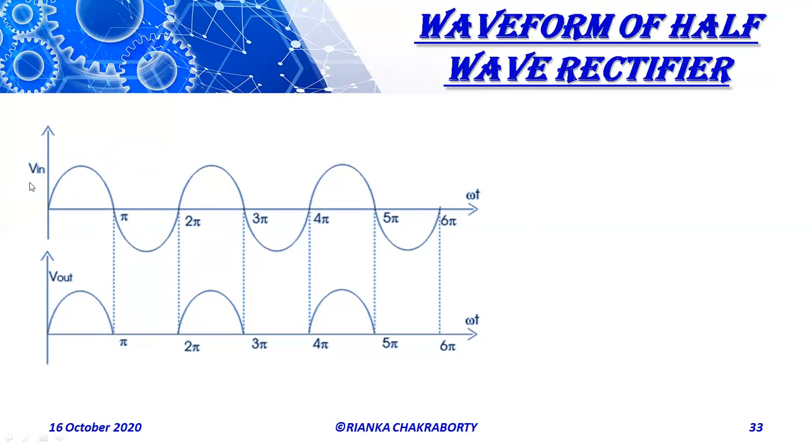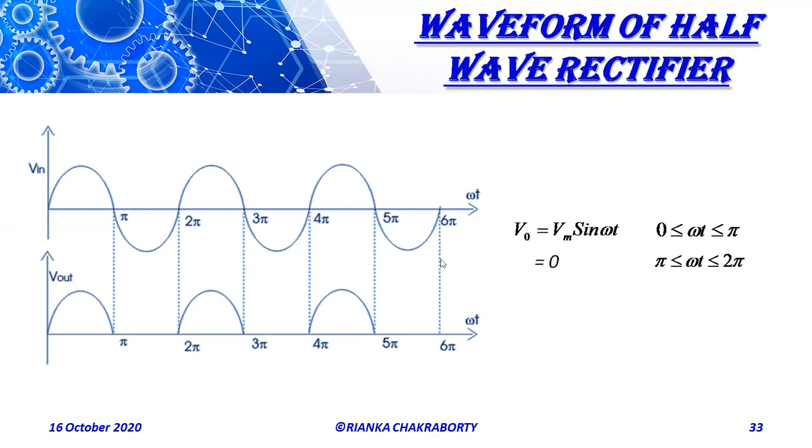This waveform is for the input voltage and output voltage. If we want to draw the current output, the waveform is the same. We only write the I on the x-axis and I out or IL on the y-axis.